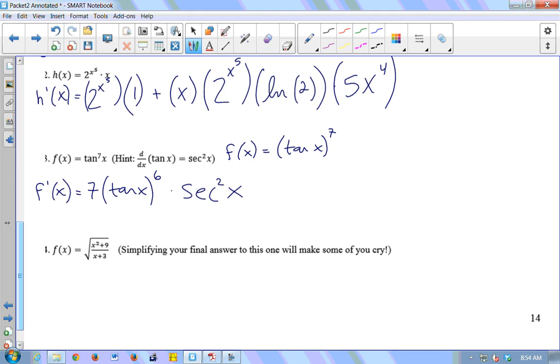So if we're going to use a consistent notation here, I would write 7 tangent 6x. So I just wrote tangent 6 to the 6th instead of tangent of x quantity to the 6th.